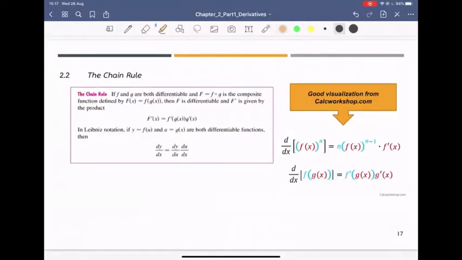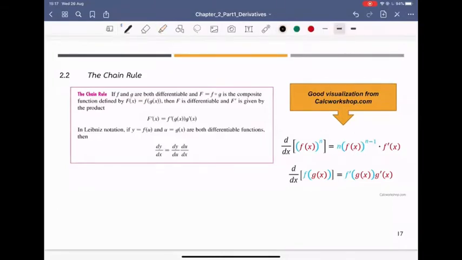We're going to move to the next thing, which is called the chain rule. And this is one of the most important tools that we're going to use to compute derivatives. All right, so I am going to look at the chain rule now.